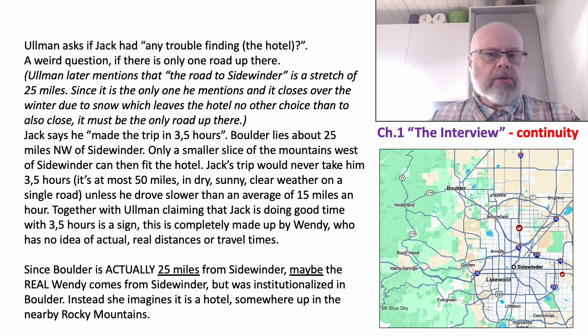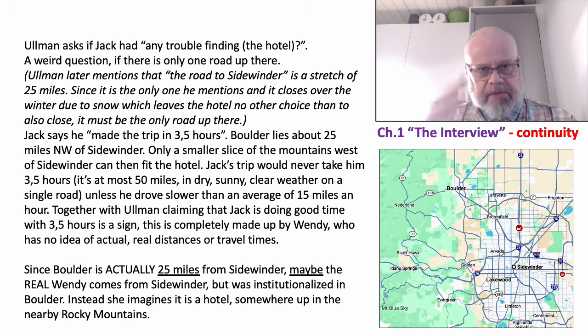Since Boulder, and you can analyze this if you want, right? All these distances and time frames and so on. Boulder is actually 25 miles from Sidewinder. Maybe the real Wendy comes from Sidewinder, but was institutionalized in Boulder. Instead, she imagines it is a hotel somewhere up in the nearby Rocky Mountains.